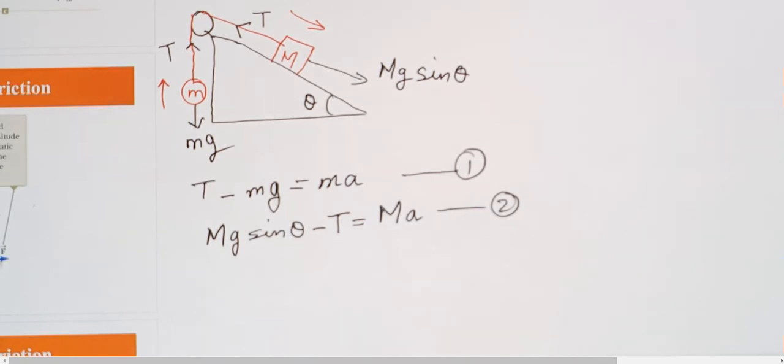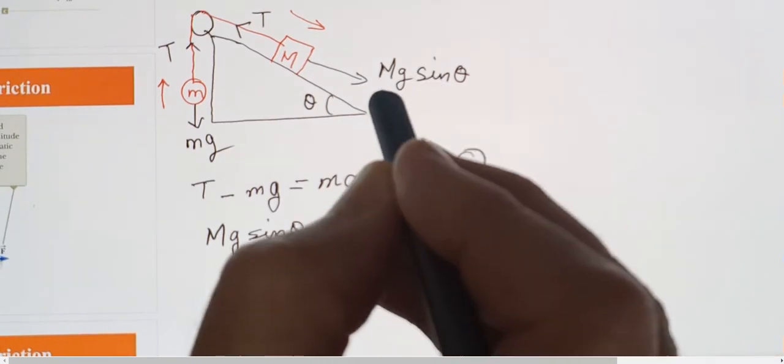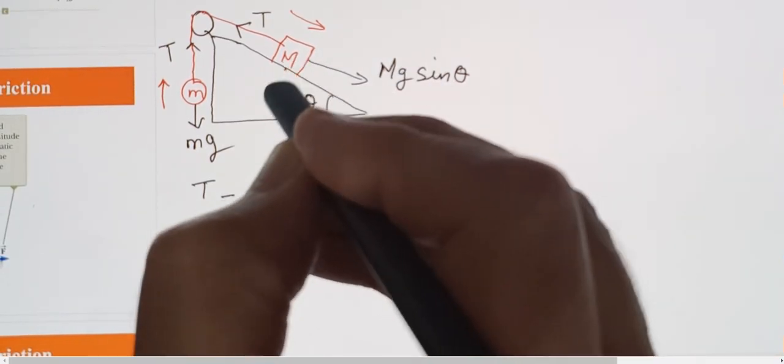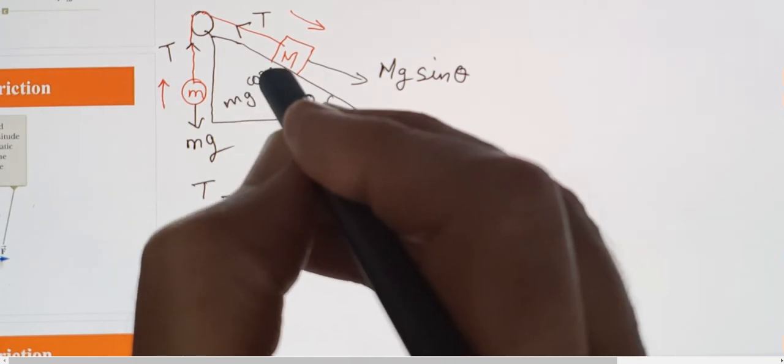This is the second physics equation we can write. And we have a third one talking about the normal force. We have this component Mg sine theta, and we have this Mg cosine theta.